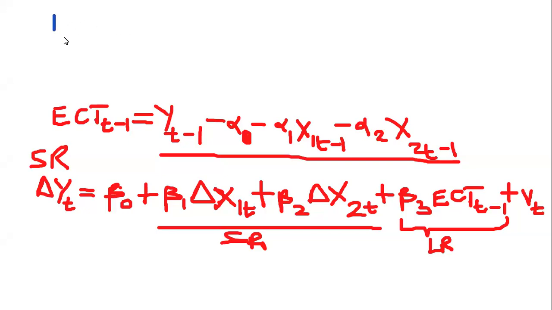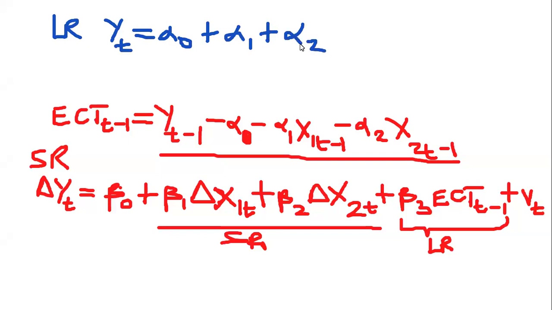The long run equation is yt equals alpha 0 plus alpha 1 x1t, plus alpha 2 x2t, plus the white noise error term.